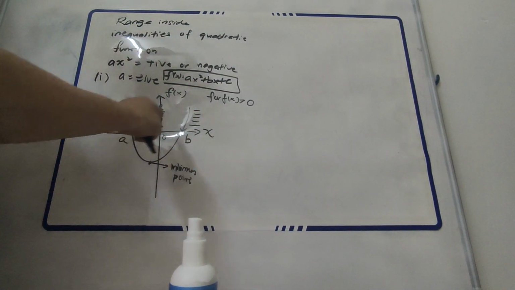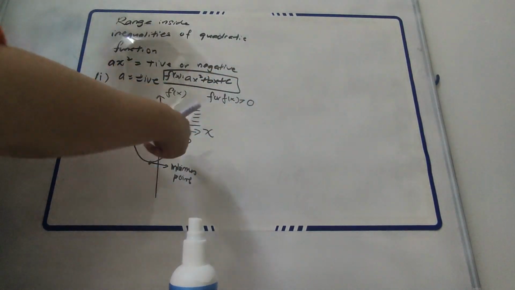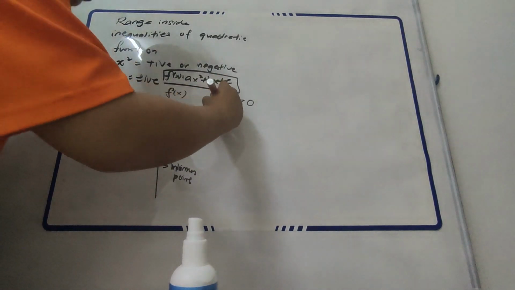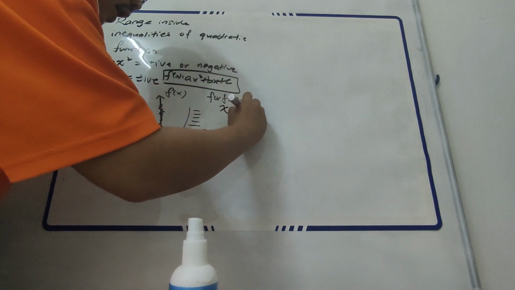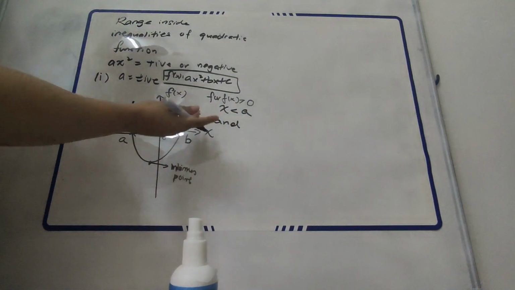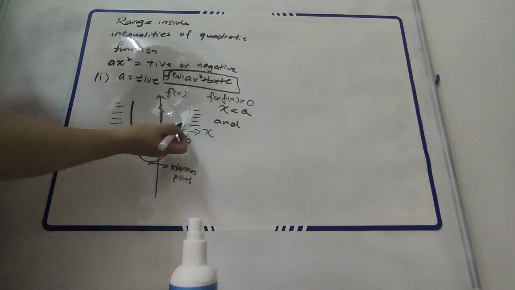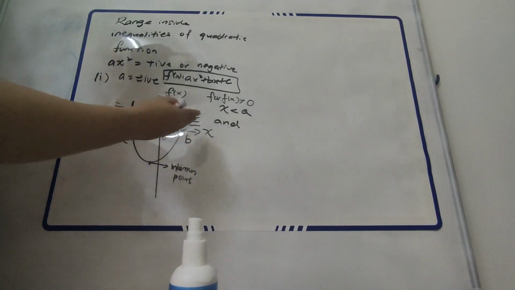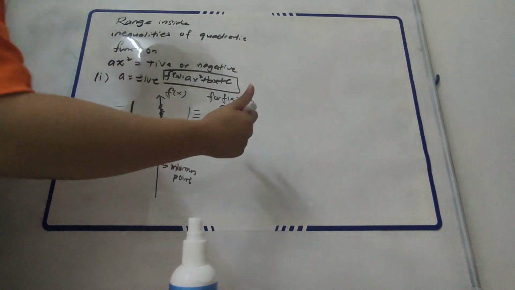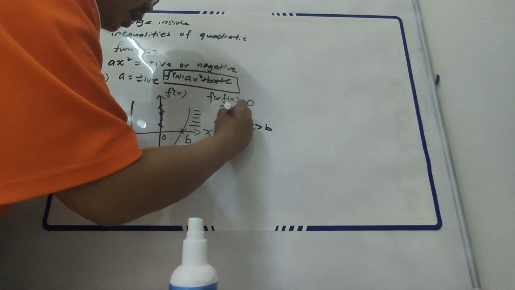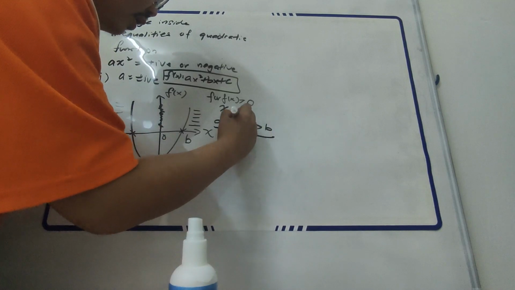So that means the answer for the range for this case is x smaller than a, and for this one, going towards more positive, x bigger than b. So this is the answer.